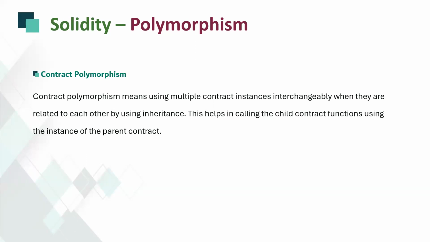The derived contracts can override the base contract's functions or add new functions. With contract polymorphism, you can interact with different derived contracts through the same interface, treating them as instances of the base contract. This allows for code reusability and flexibility when working with different contract instances.